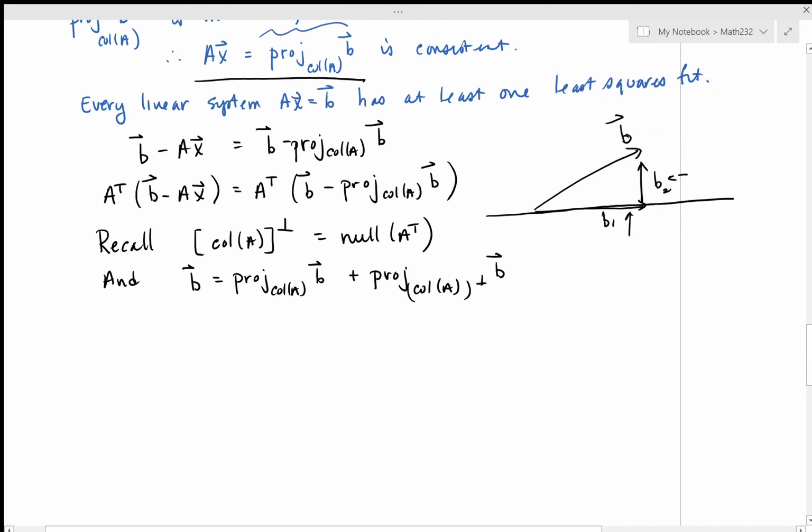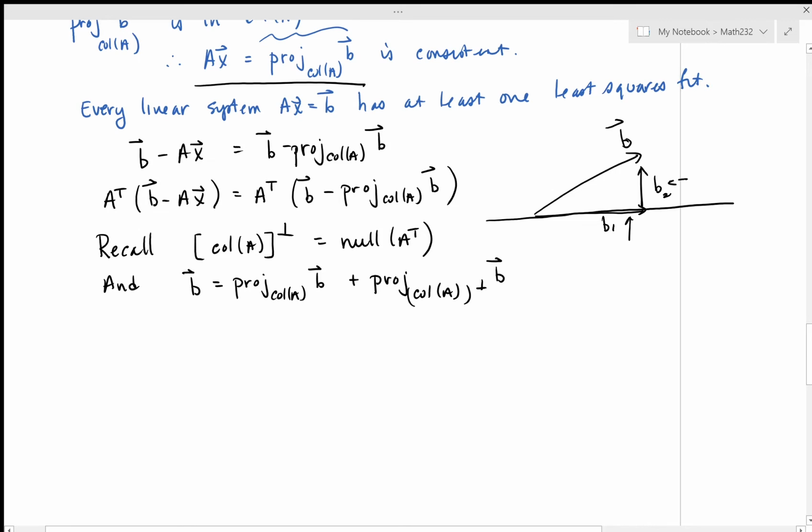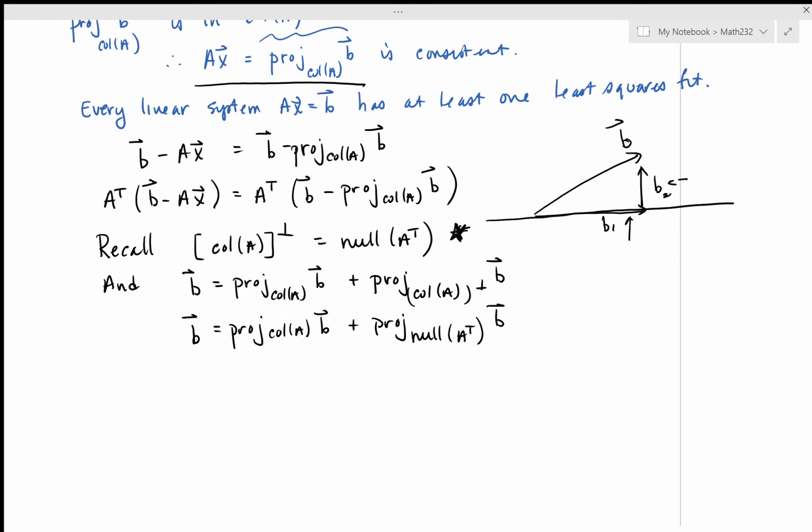Okay. All right. So now though I've identified this little nugget right here, so I can rewrite this like this. That is the projection. I'm not changing this one here. And then this is going to change to the projection onto the null space of the transpose of B. Okay, using this piece of information right here. Okay, now I'm going to just move one thing to the other side.